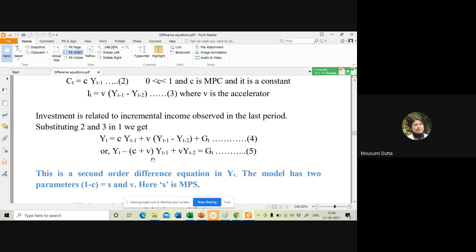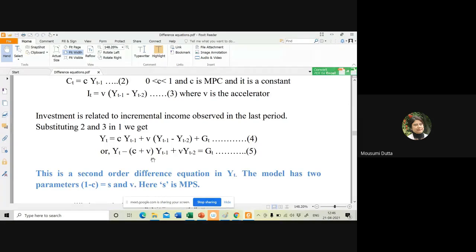Once we get the final form of YT, we will talk about the stability condition or stationarity condition or convergence condition, as well as whether the time path is monotonic, whether the time path is oscillatory, etc. So today I'll stop with calculation of YE, equilibrium income, and then I'll continue tomorrow.